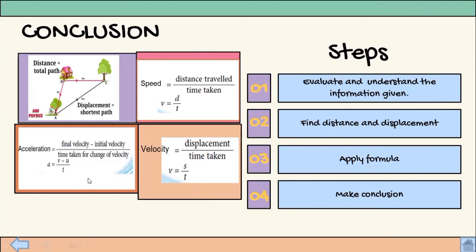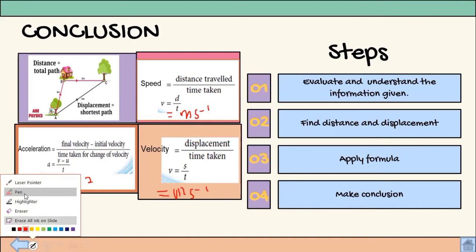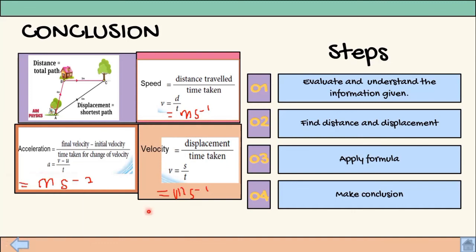For acceleration, meter per second square. If it is not clear, teacher writes m s^-1 for speed, same as velocity, and m s^-2 for acceleration. Are you clear on that unit? Clear. Do you have any question? No.